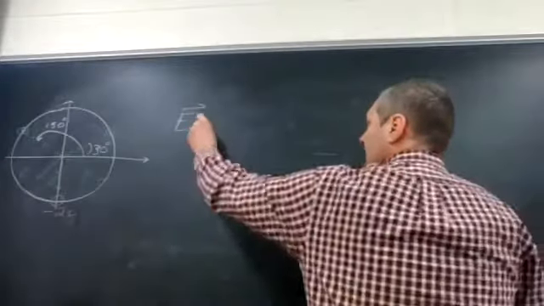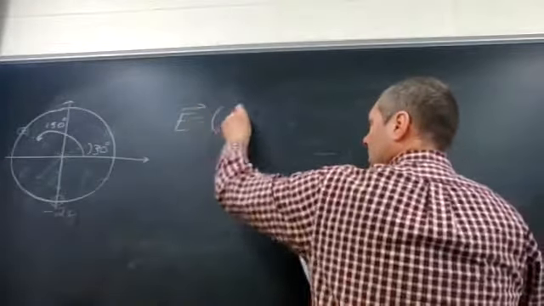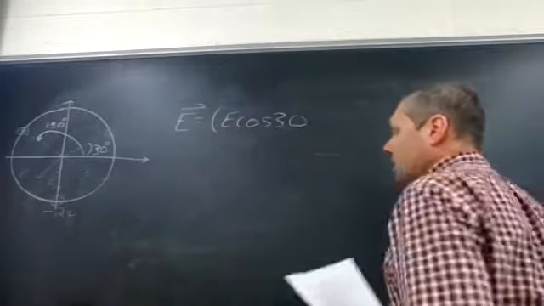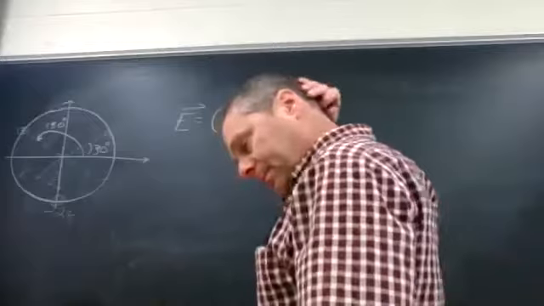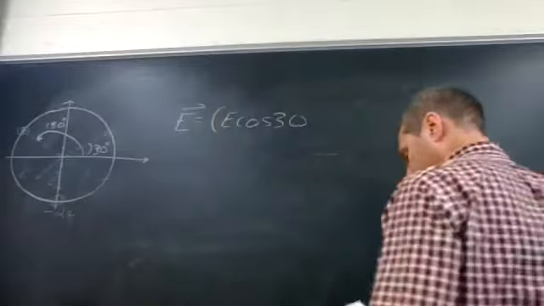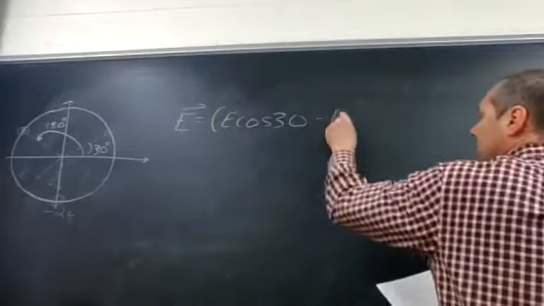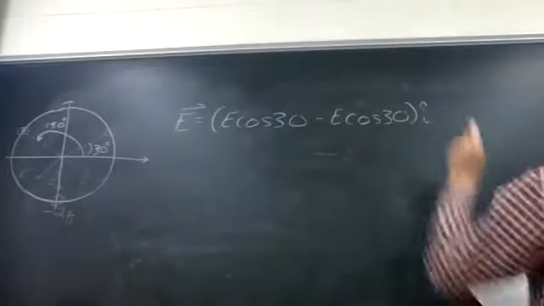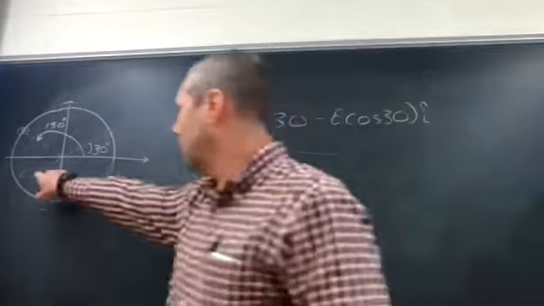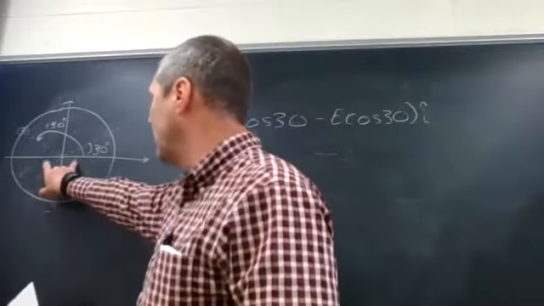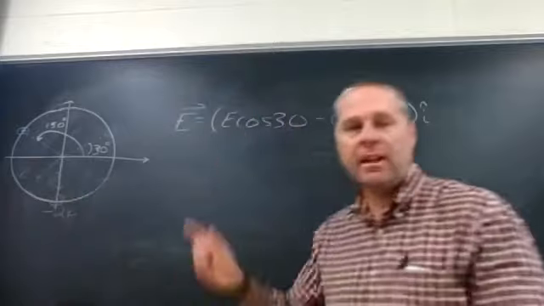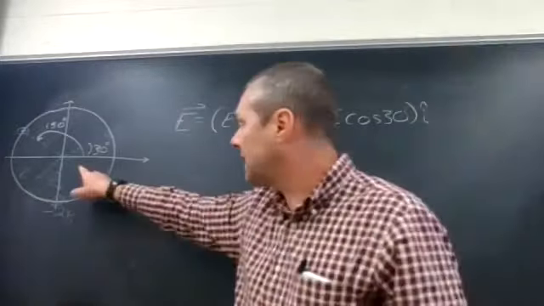We can write this now as equal to the electric field cosine 30 degrees, minus the electric field cosine of 30 degrees i. So look at the cosine. We're trying to get the x component of those two. Now, if you notice, they're going to cancel out.